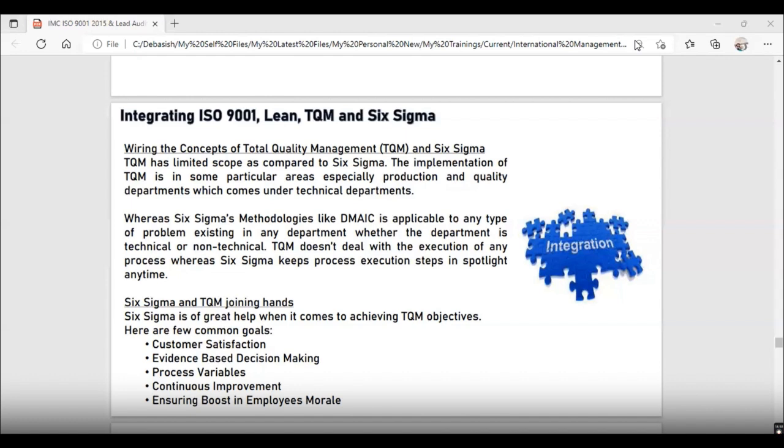Total quality management was focused on improving processes to enhance customer satisfaction, often following the cycle of PDCA, that is Plan, Do, Check, Act, as devised by Sir Edward Deming. TQM was often managed by individuals rather than being implemented across entire organizations.